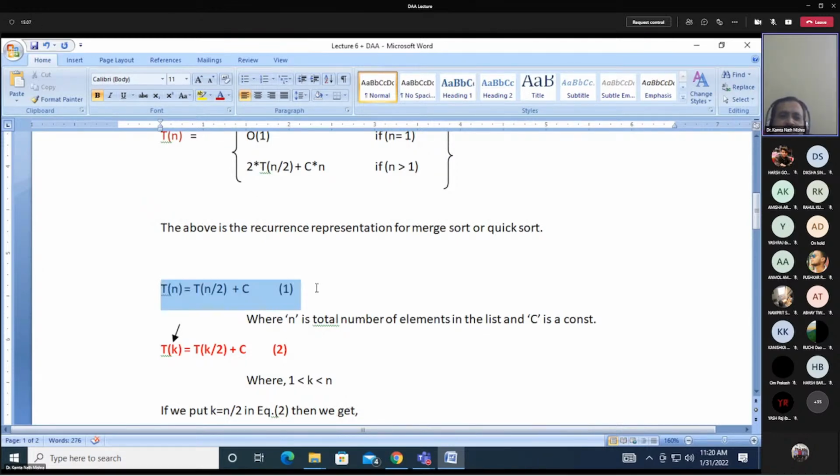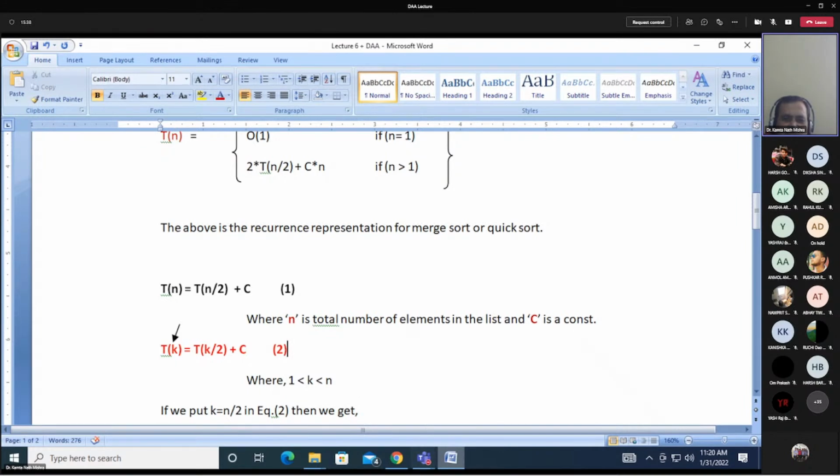Your recurrence is T(n) = T(n/2) + C, where n is the total number of elements in the list and C is the constant.